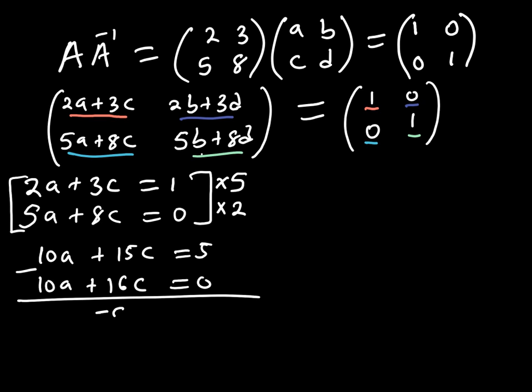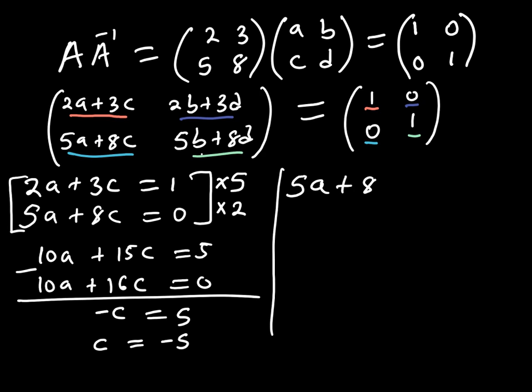Now we subtract the two and then we shall get c. So here I have negative c equals 5. And what is c? c is negative 5. We divide through by negative 1 on both sides, and we end up with negative 5. So to get a, you substitute. If c is equal to negative 5, we know that 5a plus 8c must be equal to 0.